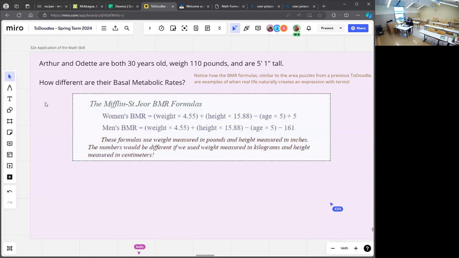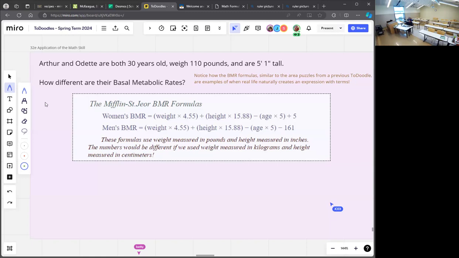And there's two different formulas, one for women and one for men, because people burn calories slightly differently. But the only difference, if you notice, is whether there's a +5 or a -161. Women get a boost to how many calories they burn, men have a penalty. Wow. Oh, so basically, if I lay in bed, I burn 5 calories.